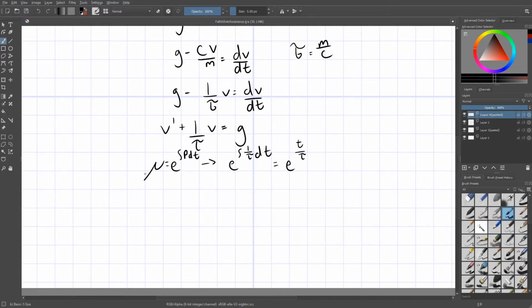So we have e to the t over tau v prime plus 1 over tau times v equals g e to the t over tau.